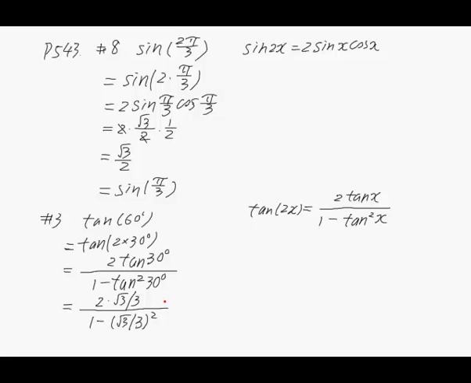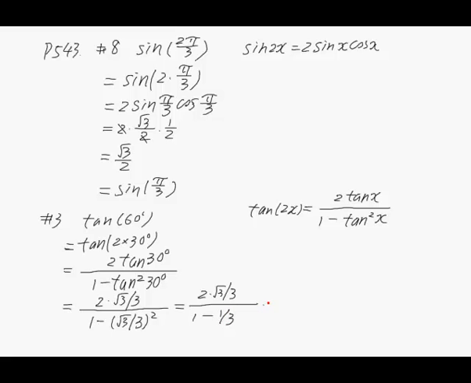Now, let's simplify. So this is the 2 times root of 3 over 3. And this guy is the root of 3 over 3 square, right? After you square it, that is 1 over 3. So the square of the root of 3 is 3, and 3 divided by 3 square, you have 1 over 3.